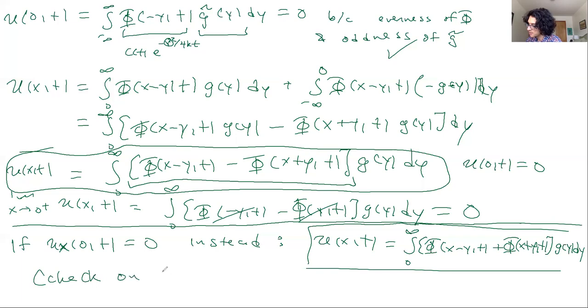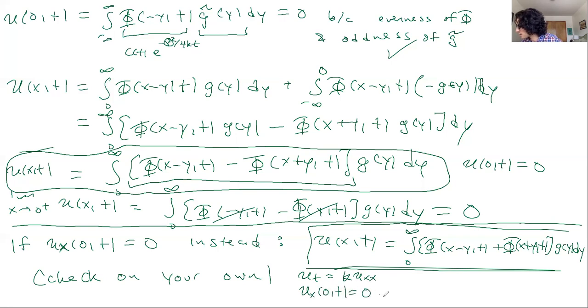And you can check on your own that this satisfies our PDE in that case. Our PDE in that case would be u t equals k u xx, u x of 0 t is equal to 0 for t greater than 0, and u of x 0 is equal to g for x greater than 0.